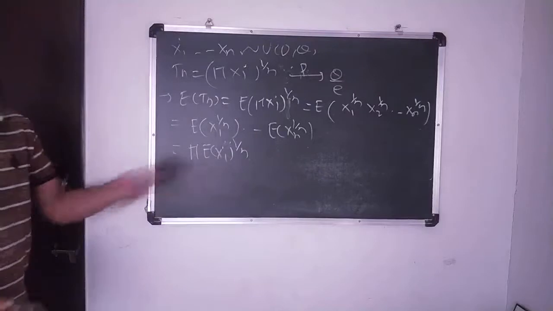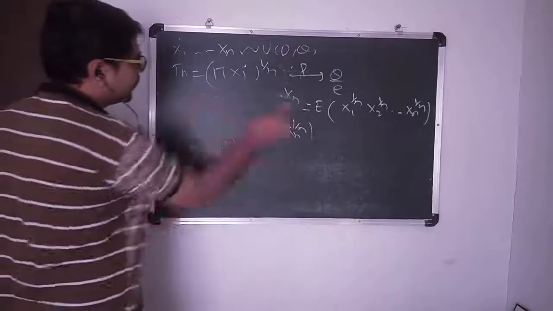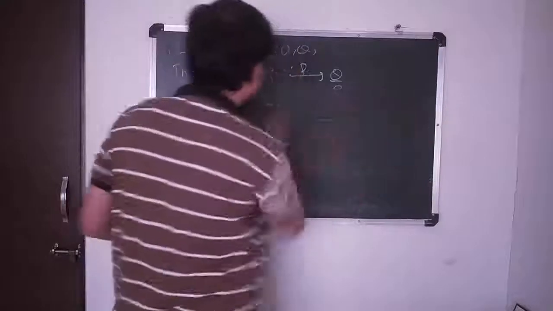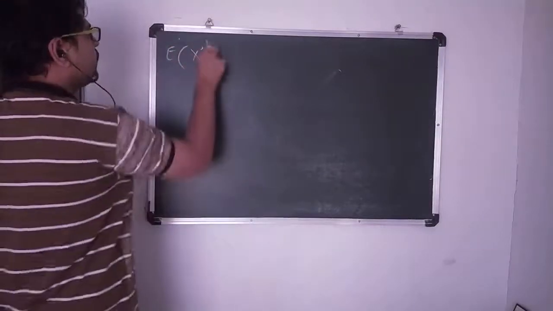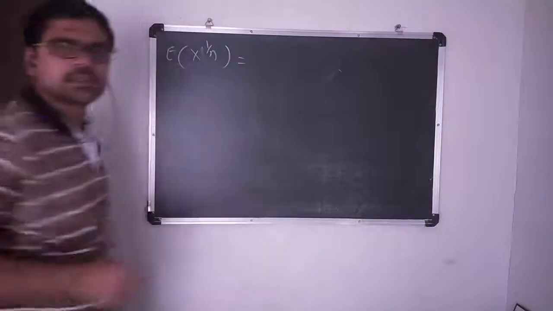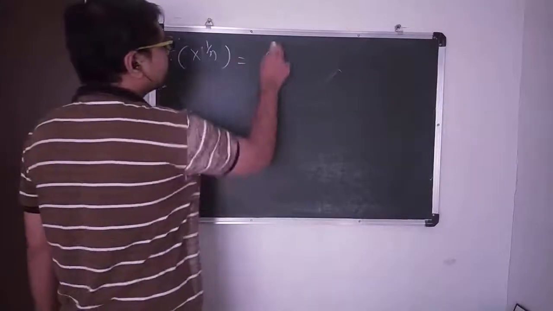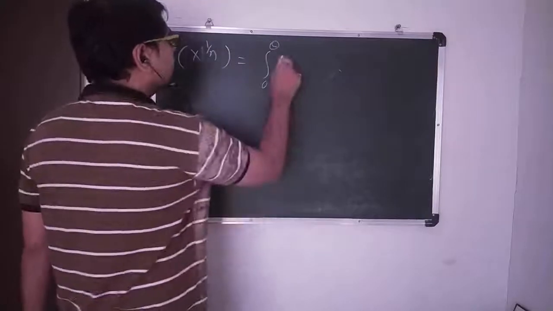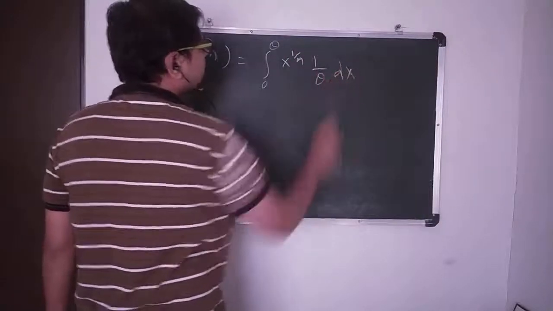Now we have to find this expected value of xi raised to 1 upon n. Expected value of x raised to 1 upon n, where x is uniform 0 theta. So this is equal to integral from 0 to theta of x raised to 1 upon n into 1 upon theta dx.